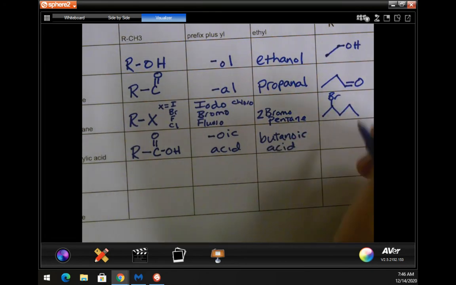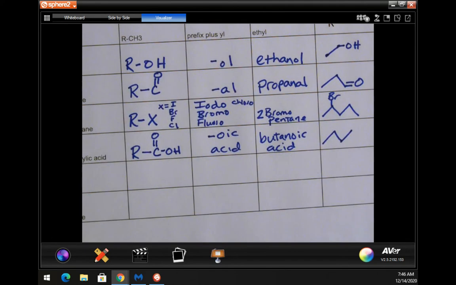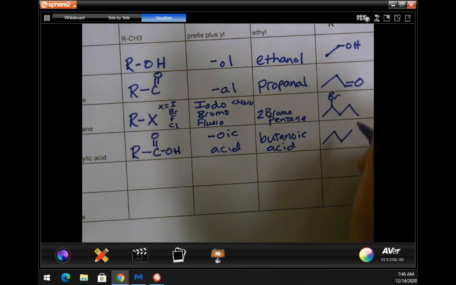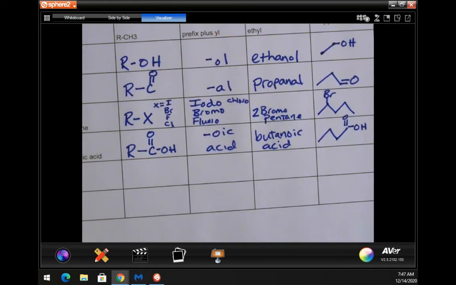If you had butane, there's 1, 2, 3, 4. You'd have a double bonded O here and an OH here.